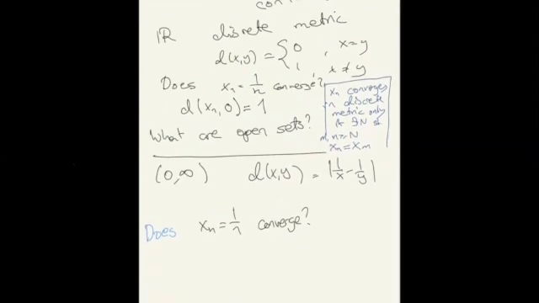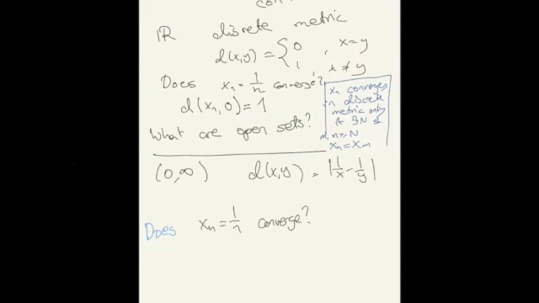Now, another, a little bit milder case where the metric makes a difference is if we look at the open interval 0 to infinity. This is our space X. And we look at the distance. It is not the usual distance between x and y, but the absolute value of 1 over x minus 1 over y.